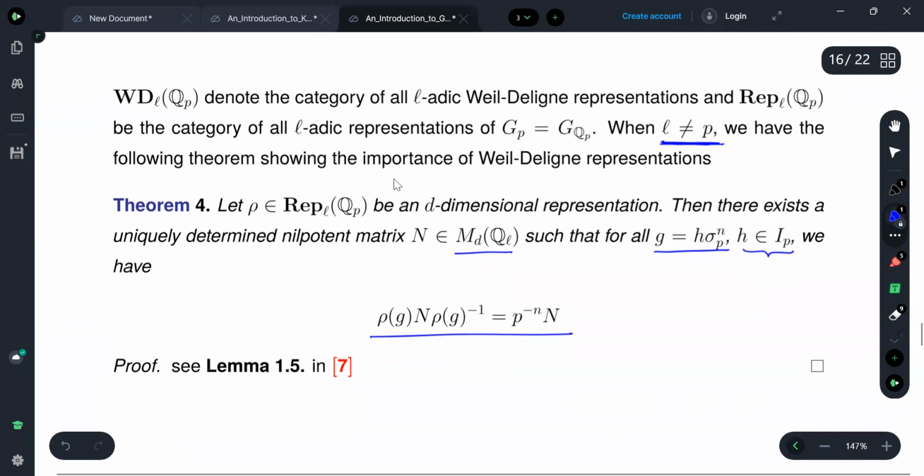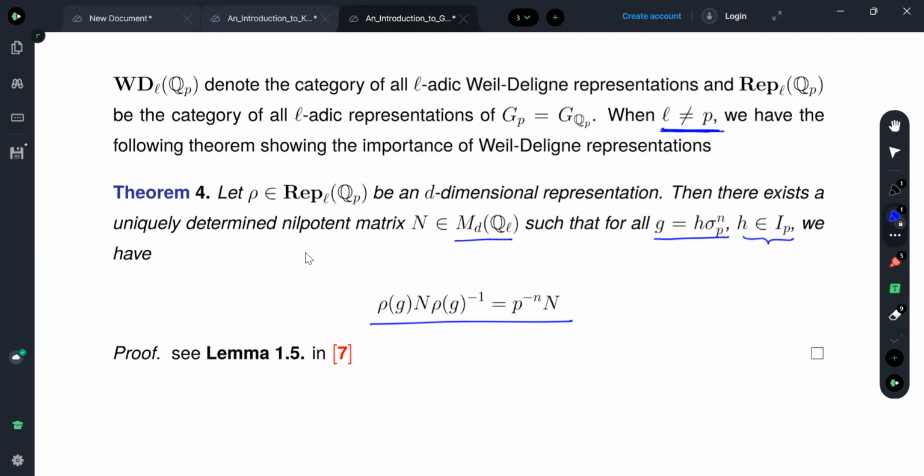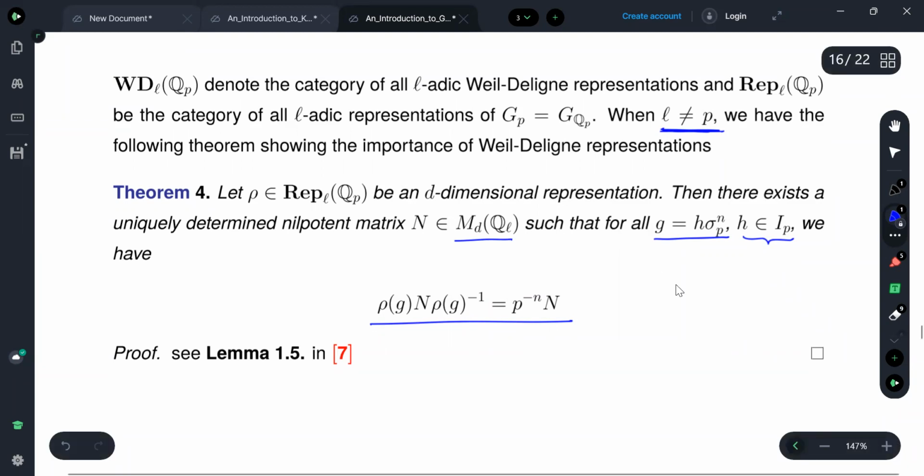It's like that: if you take any continuous l-adic representation, it restricts to a Weil-Deligne representation on the Weil group.